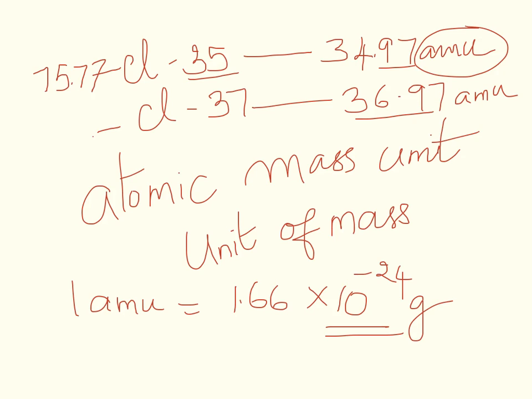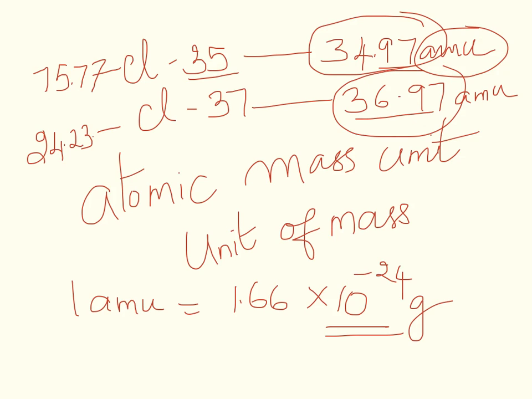The isotopic abundance for the second is 24.23. So which mass will go on the periodic table, 34.97 or 36.97? Which one will go on the periodic table?